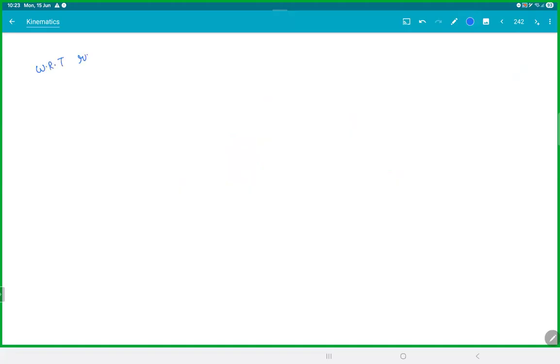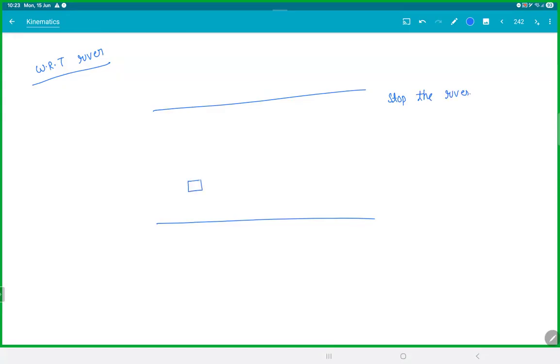If you do it with respect to the river, stop the river. If you stop the river, the raft will be at rest, because the river is not moving, so the raft also will not move.